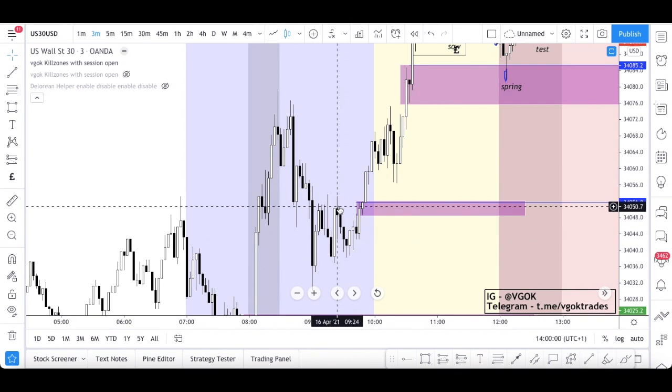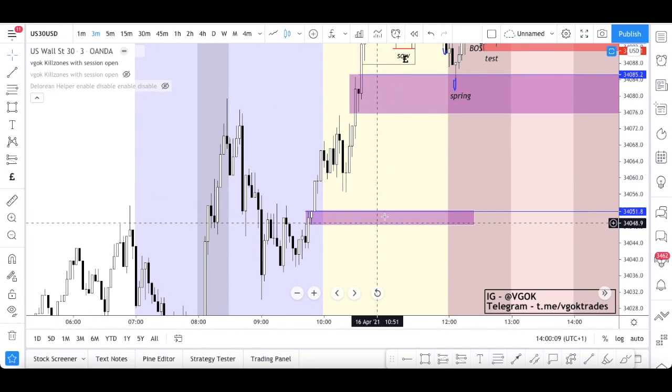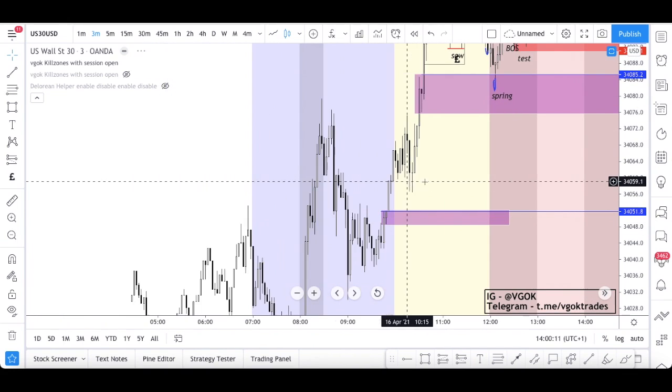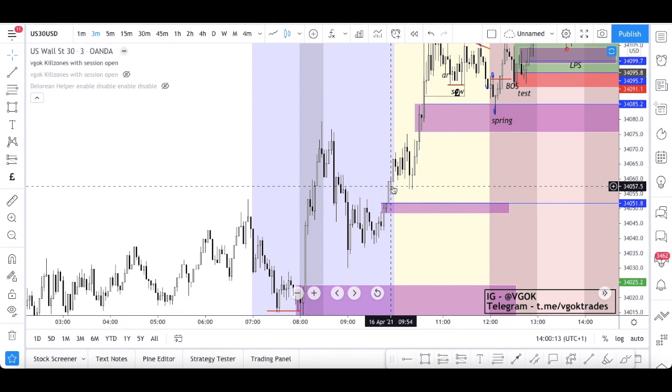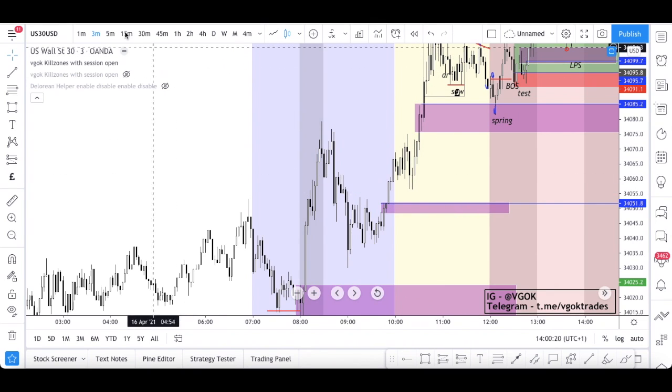Supply causing these moves down as well. And we can see that this base rally formation had taken out that previous supply. So that's why I had it as another point of interest, an entry area. But then upon further reflection, we didn't quite retrace down into there quick enough. And instead, we again rallied to the upside once more.